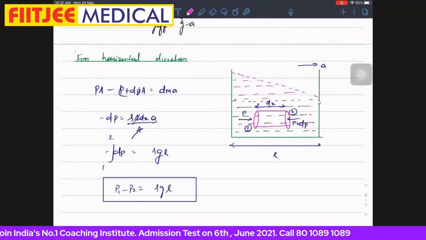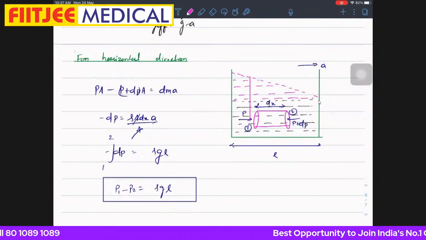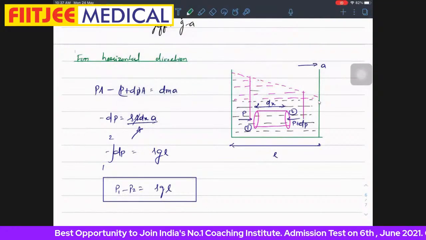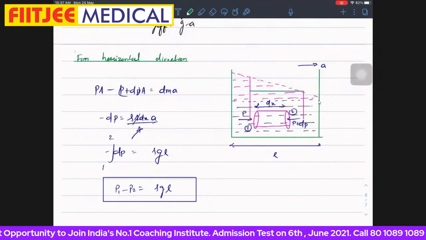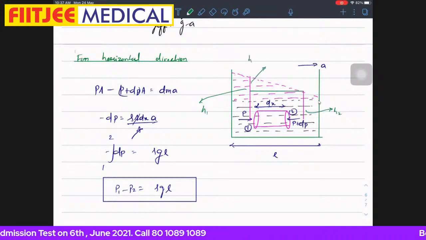Because due to acceleration, pressure at point 1 is more. So the height at point 1 should be greater, because pressure is measured by the height of the liquid. So if I say this height is h1 and this height is h2, this will become h1 minus h2.